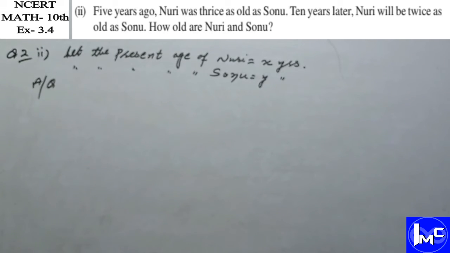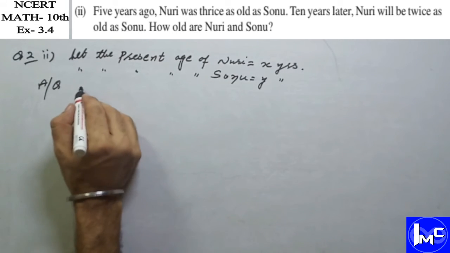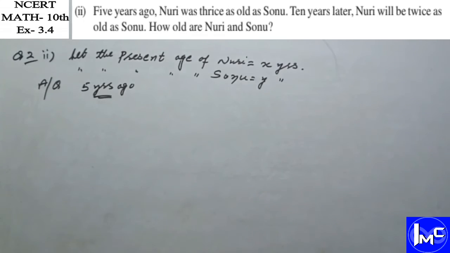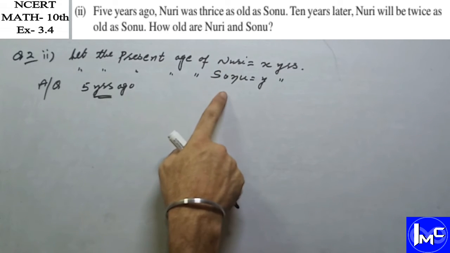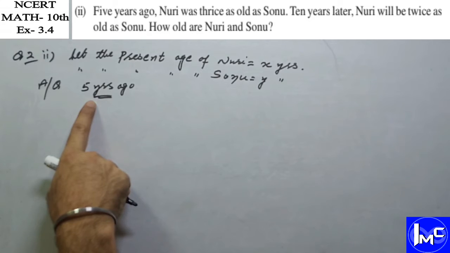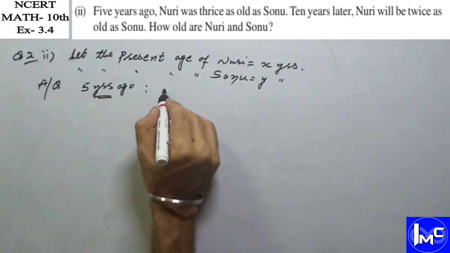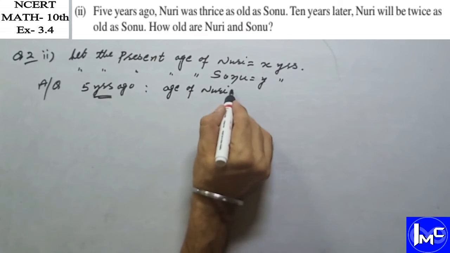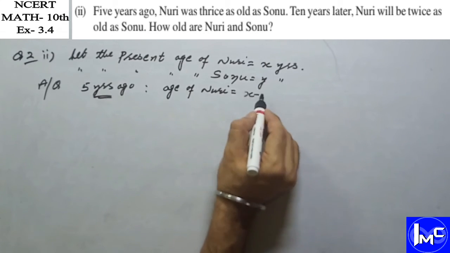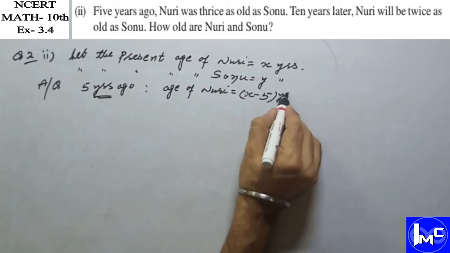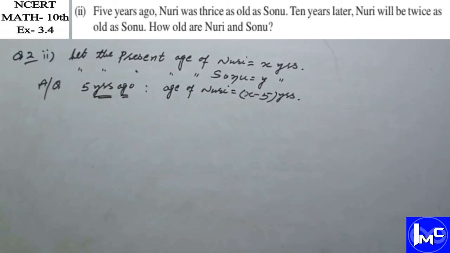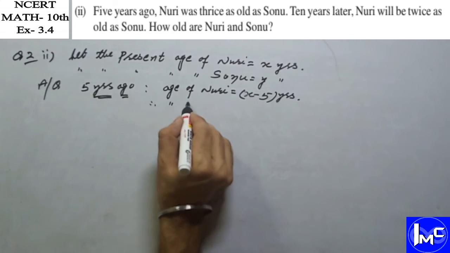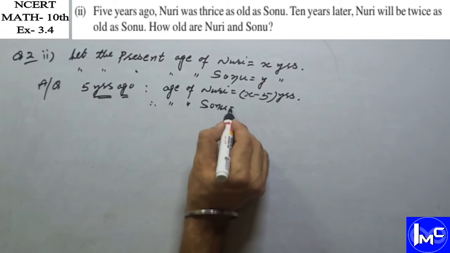The first is related to 5 years ago. First of all, we will find the ages of Noori and Sonu 5 years ago: age of Noori will be x minus 5. I have already told you, ago means minus and after means plus, and age of Sonu will be y minus 5.